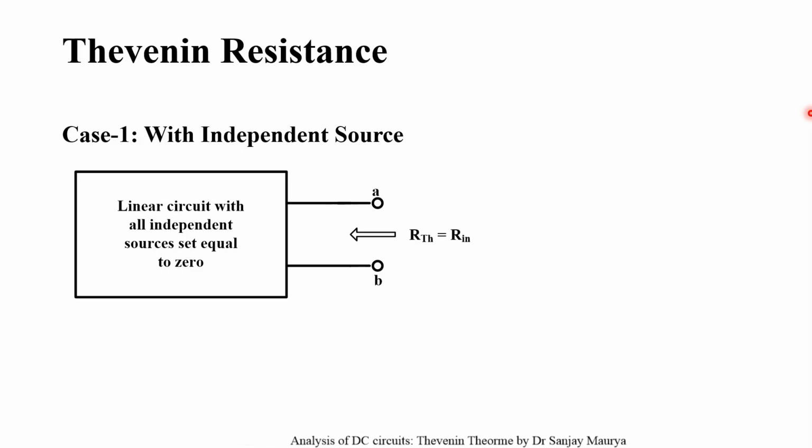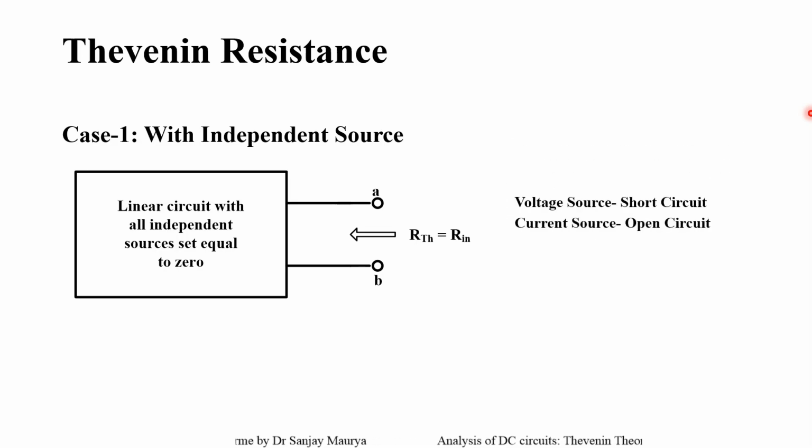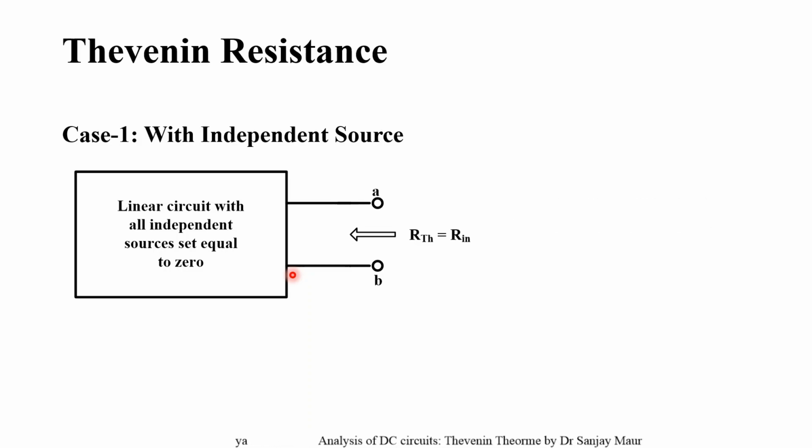How are we going to set them equal to 0? Independent sources are replaced by their internal resistance. So the voltage source will be short circuited and current source will be open circuited. Now we look at the two terminals and find out the internal resistance of this network, and that will be equivalent to the Thevenin resistance.